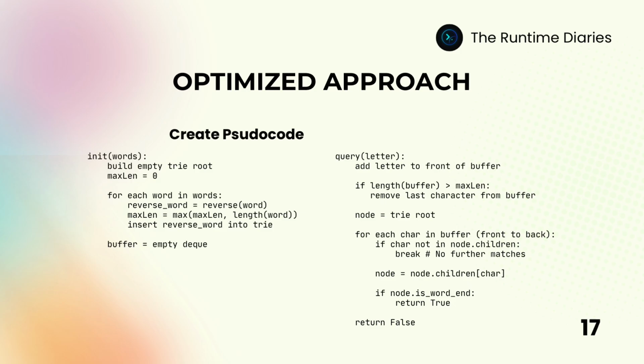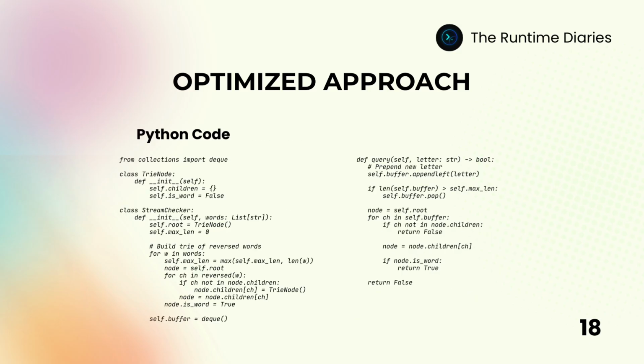Let's write out the optimized strategy in pseudocode. And here's the full Python implementation. So what's happening here?